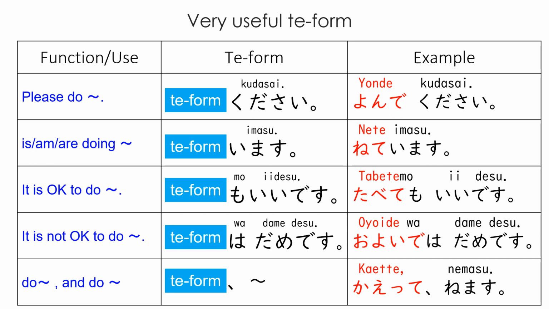And the sentence pattern is te form and mo ii desu. The fourth one for saying, it is not okay to do something, or you should not do something, which is te form and wa dame desu. And the last one is to join 2 or more sentences together by saying te form and a next sentence follows.